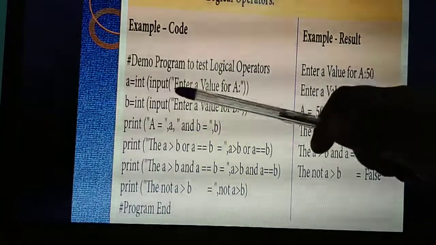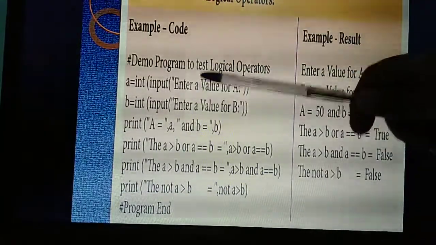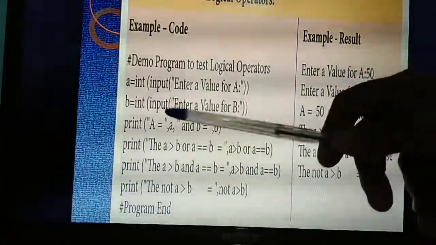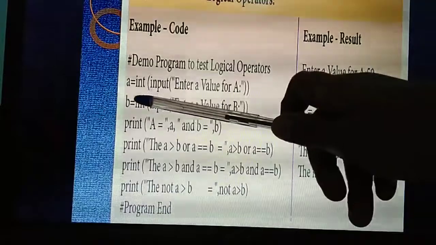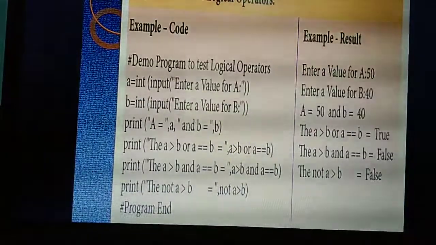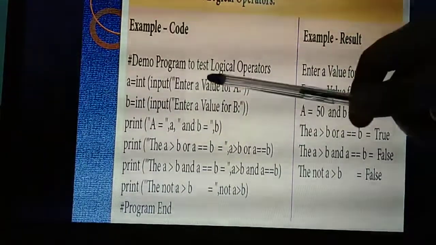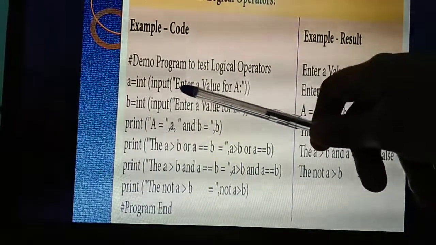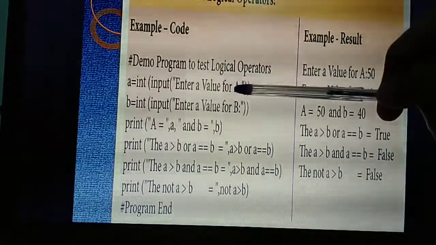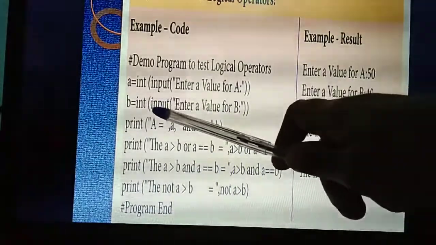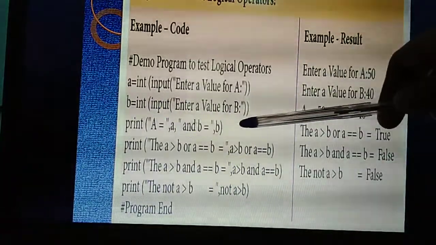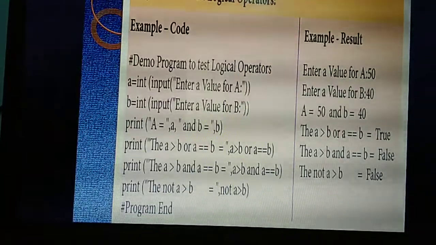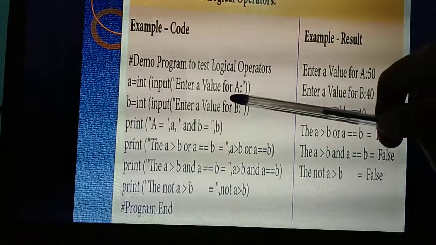The same program you have studied in comparison and relational operators also. Same thing only. Listen. First I am giving A equal to int input, enter value of A. Which kind of function? Input function. In this input function I am going to enter the value of A. Next I am going to enter the value of B. While you are running the program, which line will you get as the first line in the output screen?